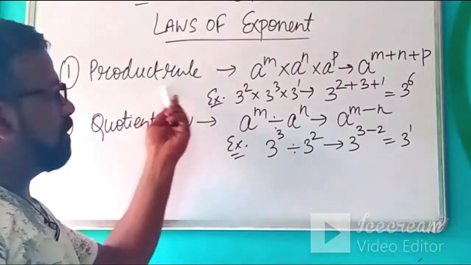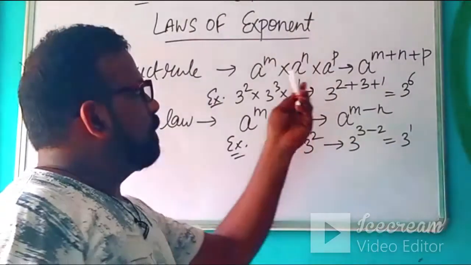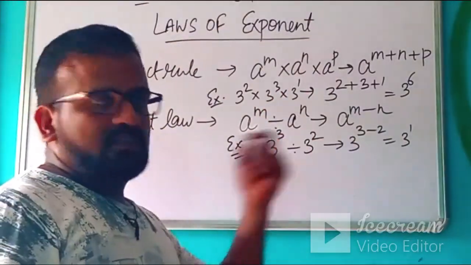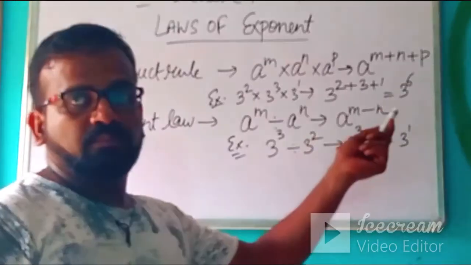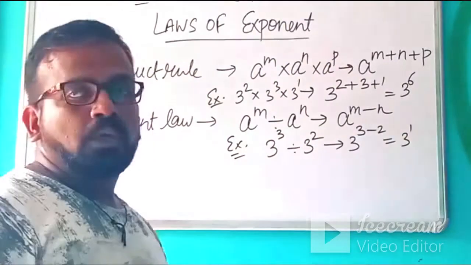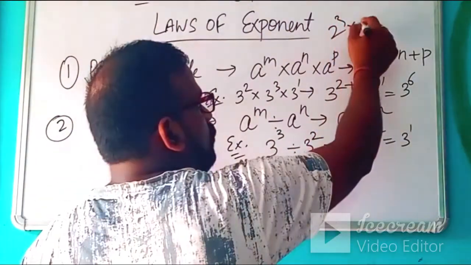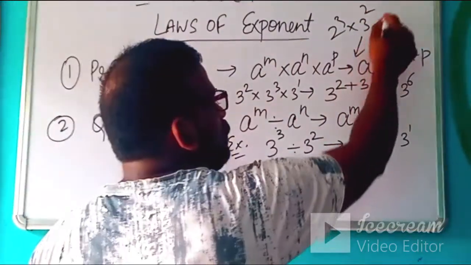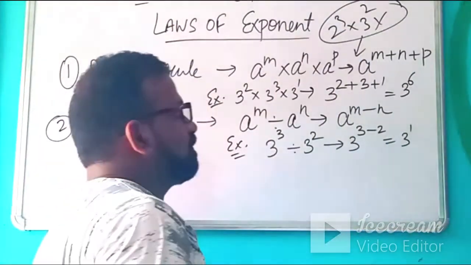The product rule is applicable for more than two numbers, subject to the condition that their bases should be same. You cannot use the product rule when the bases are different. Suppose I write 2 to the power 3 into 3 to the power 2, then you cannot use this rule because the bases are not same.